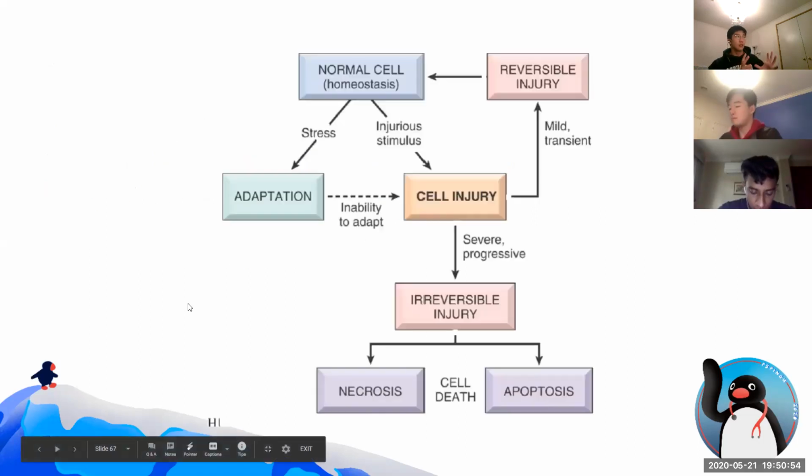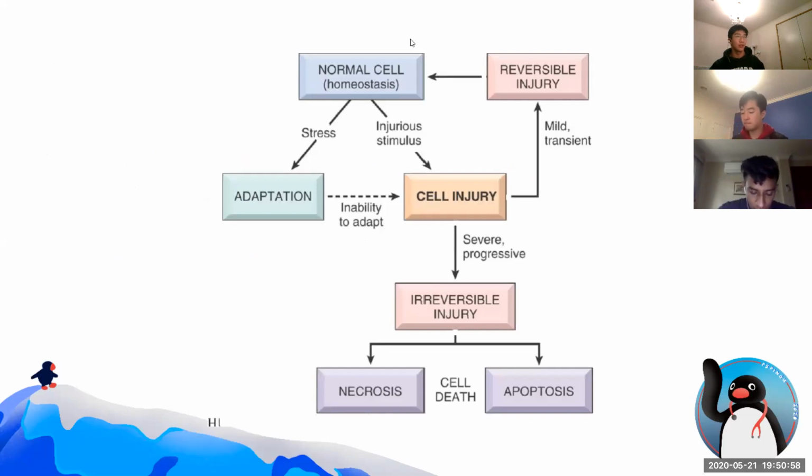So we'll go through this flow chart here and how cells move around according to it. A cell is normally in homeostasis, and if it's put under a little bit of stress, it'll change a bit. But if it's unable to change, then it'll get injured. It'll also get injured if you get an injury, obviously.